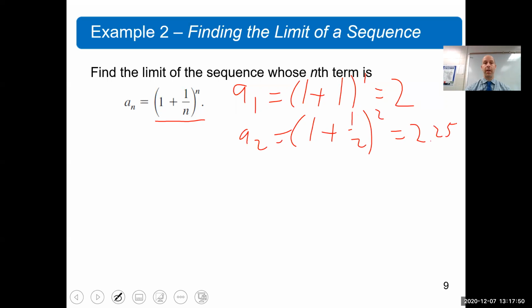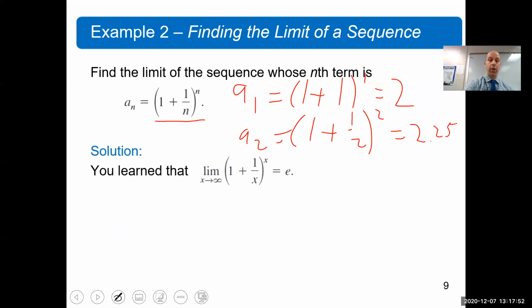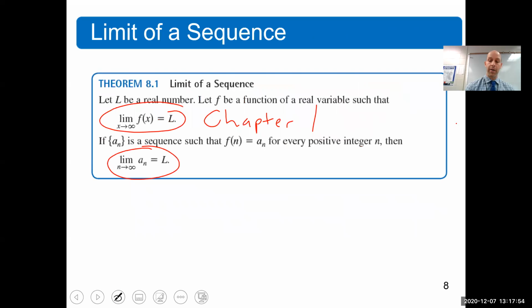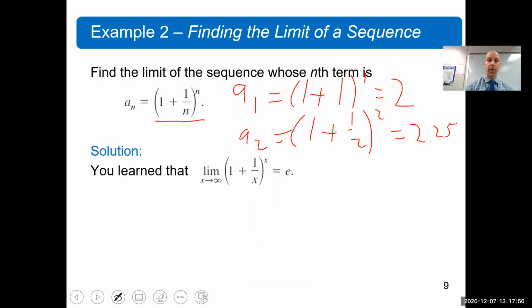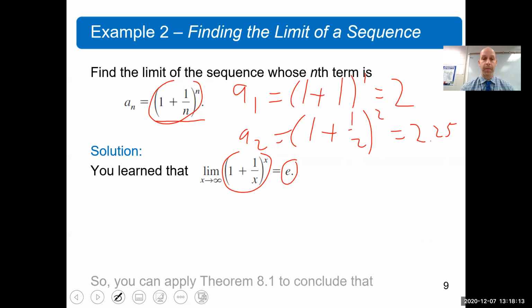And what we can do is use our previous theorem. We'll think of this thing here as a function f of x, and we'll take the limit as x goes to infinity. I hope you recall that that limit is e. That is actually one of the ways we can define the constant e.